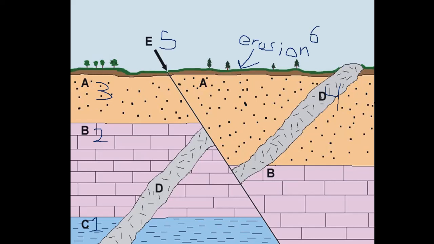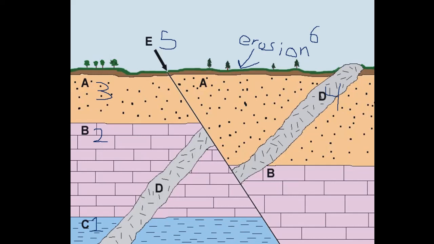A is our third, because it's on top of B. But I do have to look at the fault and the intrusion, so E and D, cut through A, B, and C. Those 2 have to be newer.